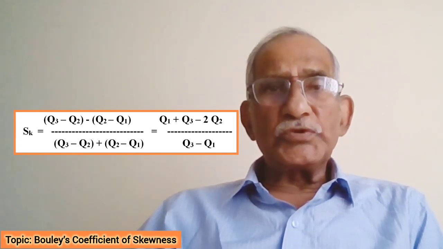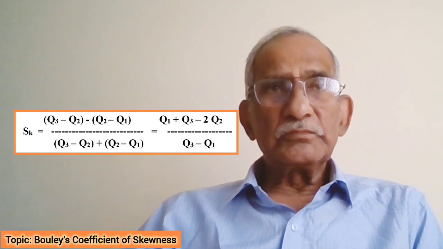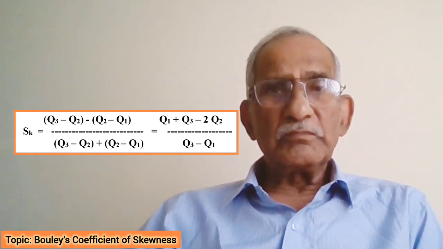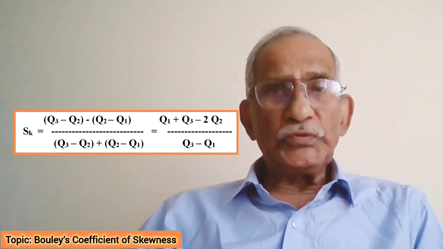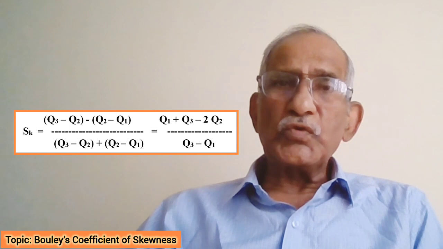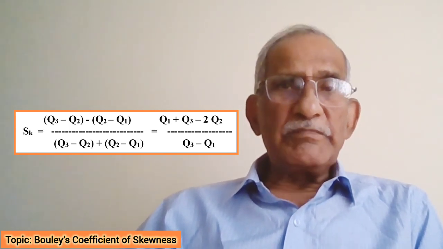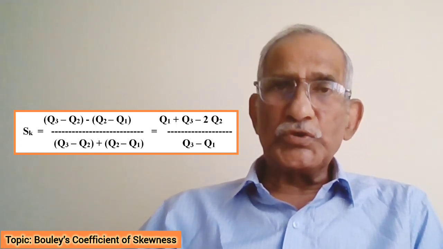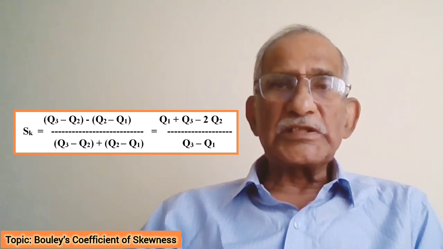So Sk is equal to (Q3 minus Q2) minus (Q2 minus Q1) divided by (Q3 minus Q2) plus (Q2 minus Q1), which can be expressed as (Q1 plus Q3 minus 2Q2) divided by (Q3 minus Q1).